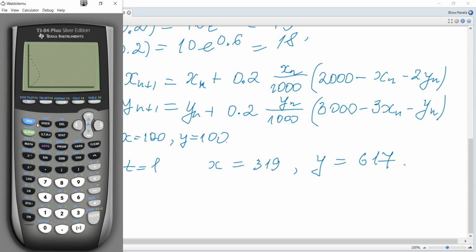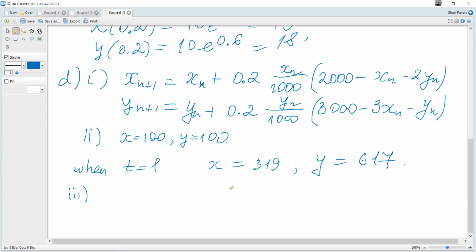If we trace from this starting point, you can see that it tends to one of the equilibrium points, towards 0 and 3000. Or from a table of x, y, you can see that x decreases, y tends to 3000.